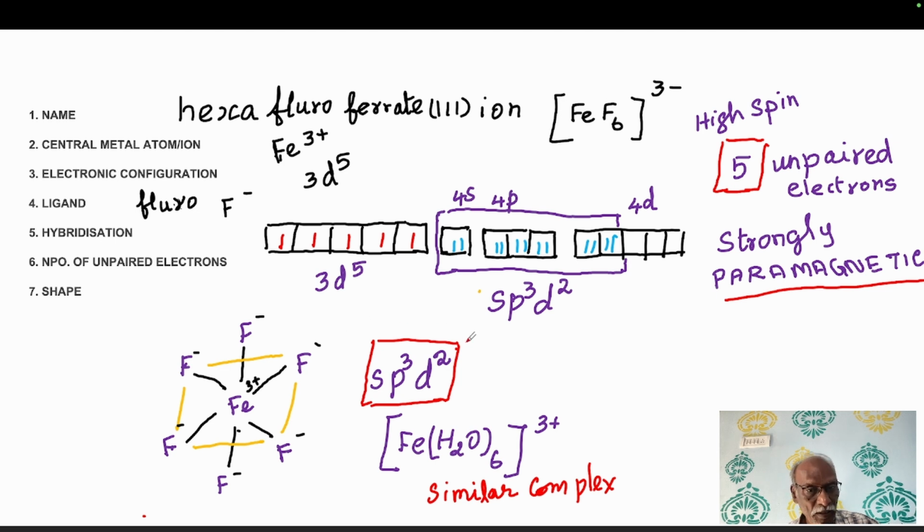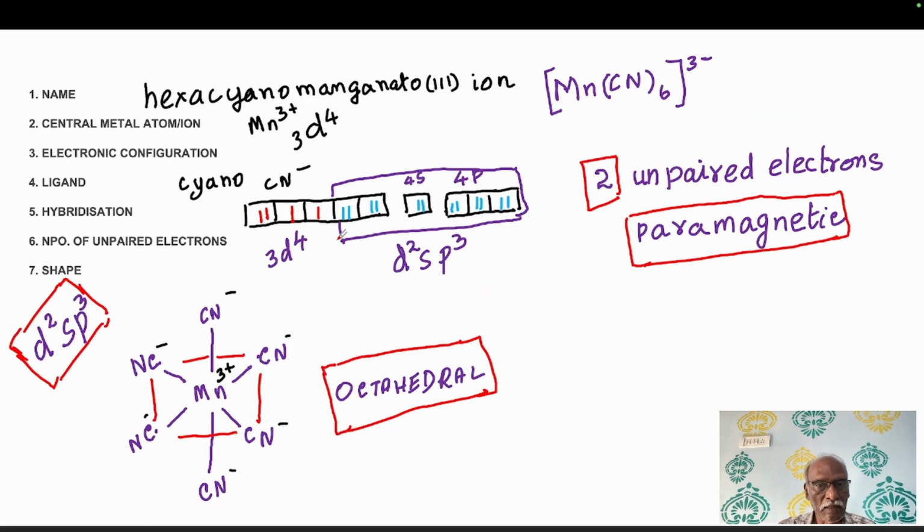Since sp3d2 uses outer orbitals, we call it an outer orbital complex, not an inner orbital complex. This is all the information we need to know about this example.